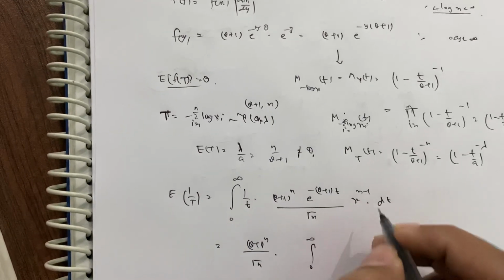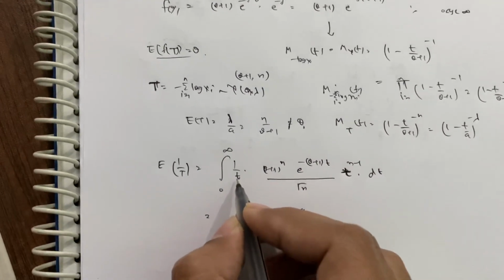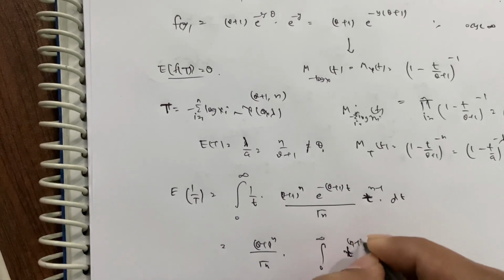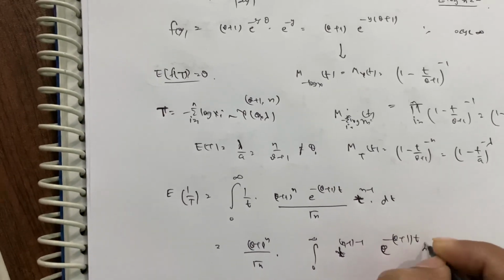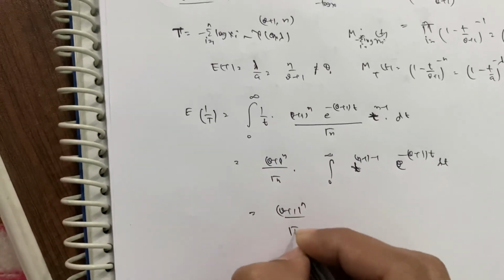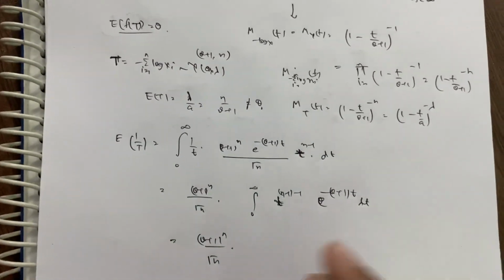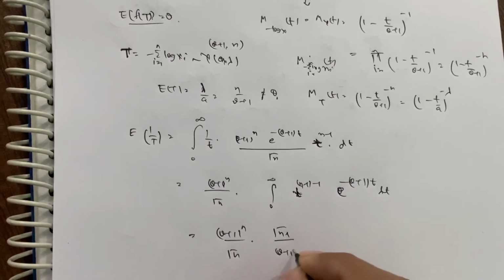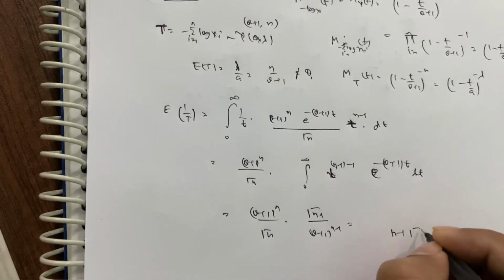Now there is a t in the denominator, so this will go up, giving t to the power n minus 2, and e to the power minus (theta plus 1) t dt. Now use the gamma function, so this will be gamma n minus 1 divided by (theta plus 1) to the power n minus 1.